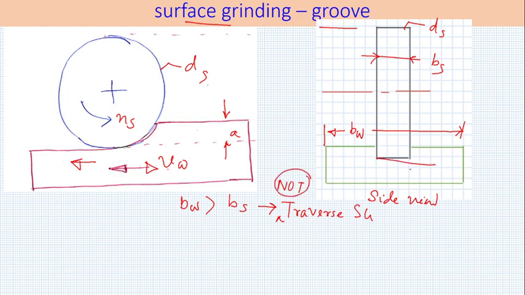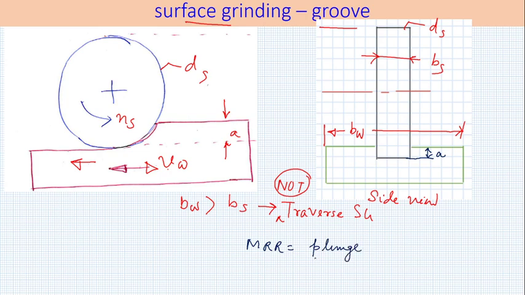You are making a groove, and this is your downfeed A. So this is called groove grinding. It is very similar from the MRR point of view to plunge surface grinding.